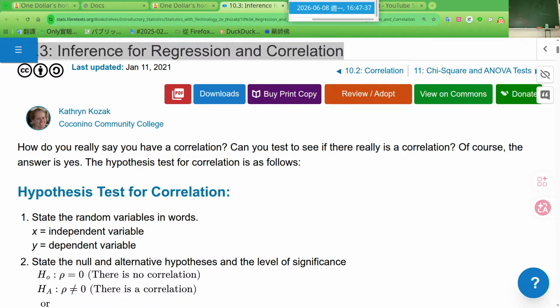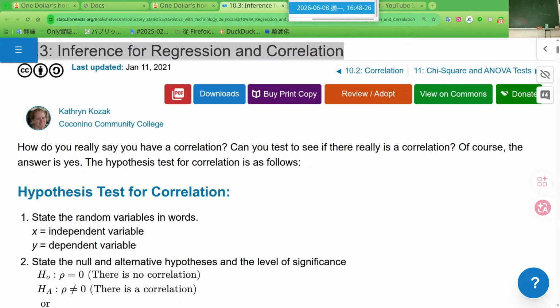And here, example 10.3.1. Testing the claim of a linear correlation. Actually, when I was a master student, we always used this one. The t-value is about 5.9, degree of freedom 7, and the p-value is pretty small.